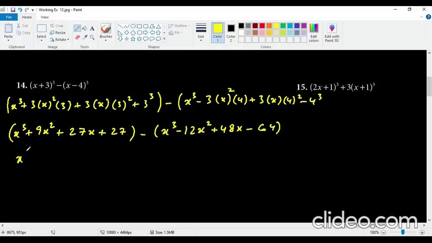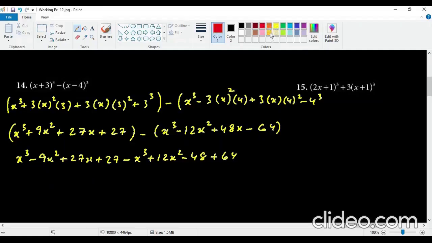Now we are going to use the negative sign, plus 9x square as it is, no change, 27. And now this minus is going to change the sign of all the values, plus 12x square and minus 48x, and minus minus is a plus 64. Now you know very well like terms, we are going to be cancelling this and this.